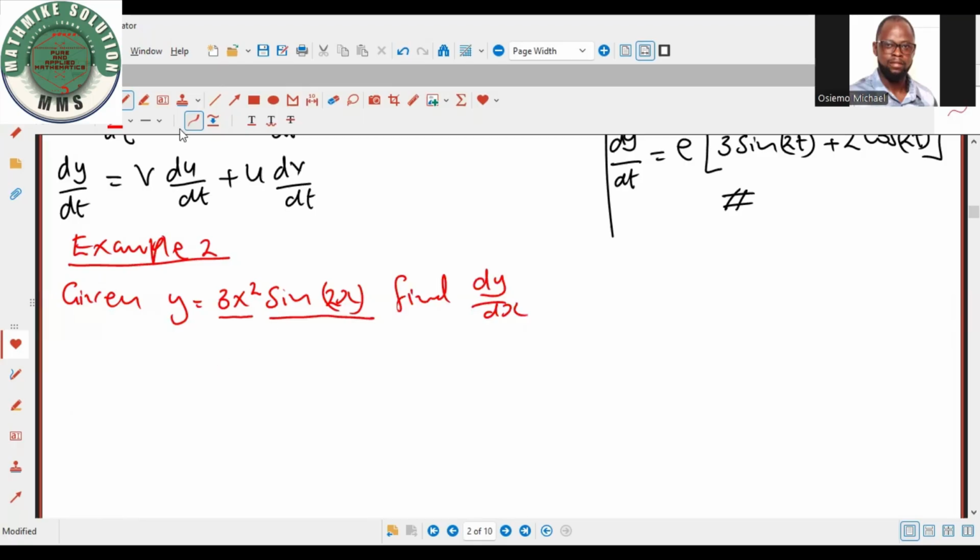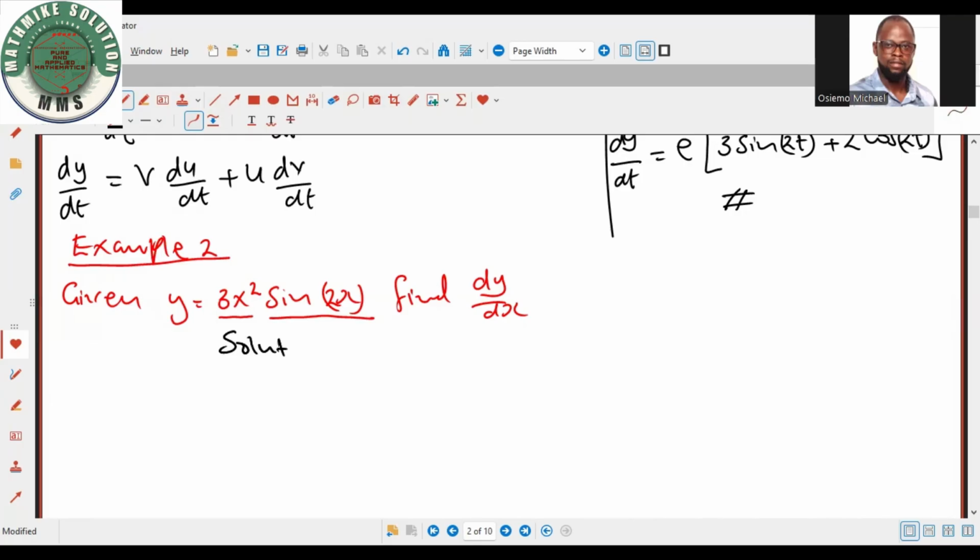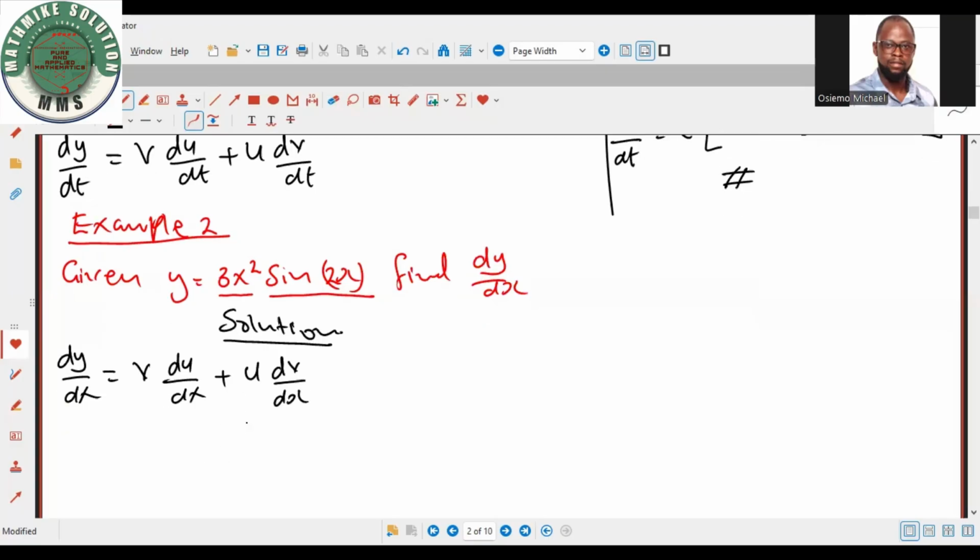So let us find dy dx, again using the product rule. So we say that solution, we have said product rule states what? It states that dy dx is equal to v du dx plus u dv dx. So what do you think that we're going to let our u be and our v be?